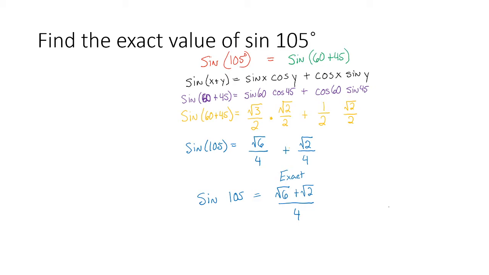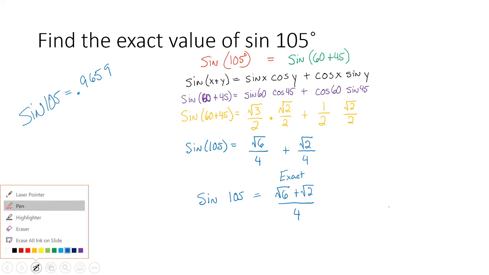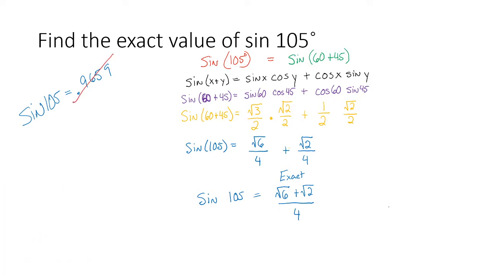As a matter of fact, if I did that, my calculator would give me sine of 105 equals 0.9659. You know what I'm going to do if you put that? I'm going to say, because any second grader can push buttons on a calculator. But the tricky thing is to be able to do this work, to work through the steps to get an exact answer. That's what we're looking for.